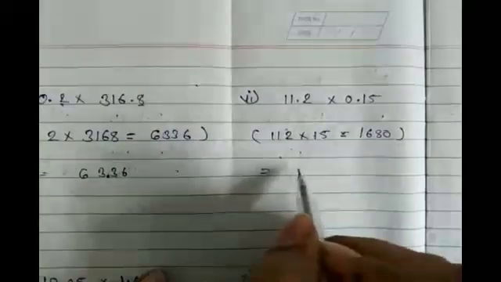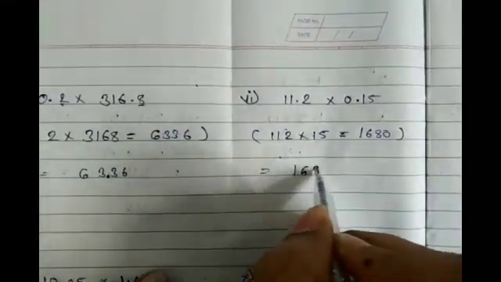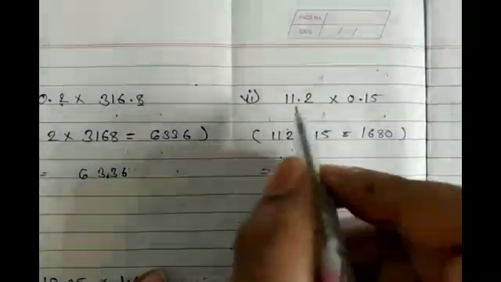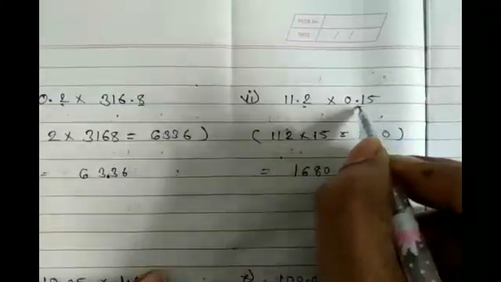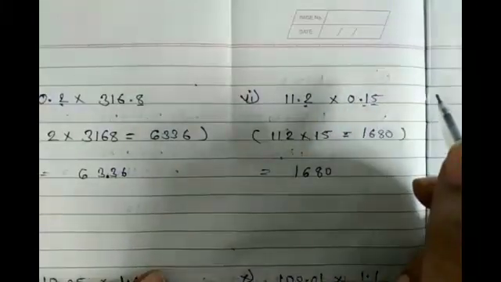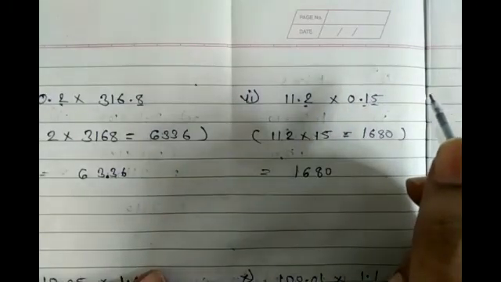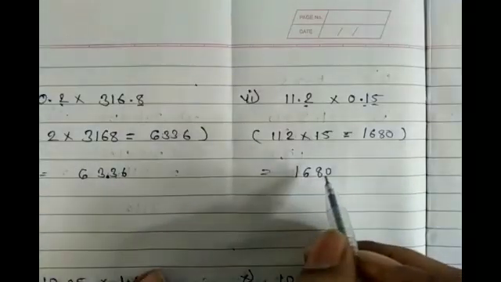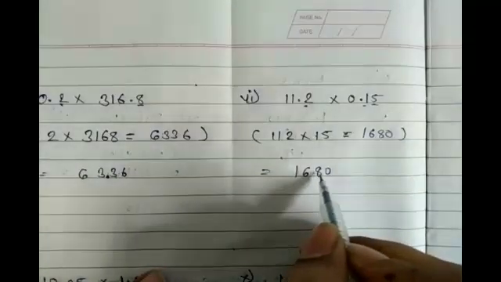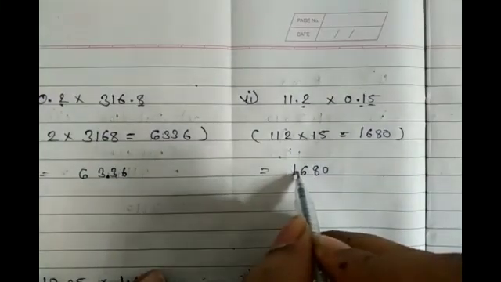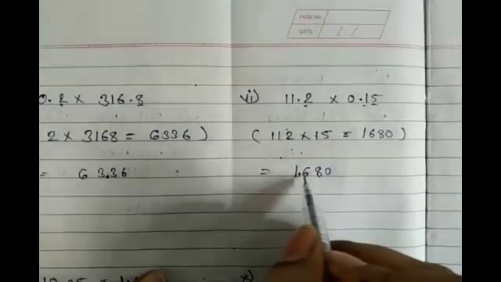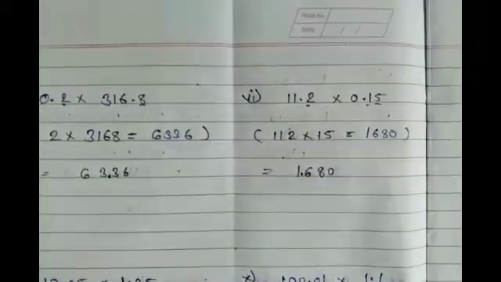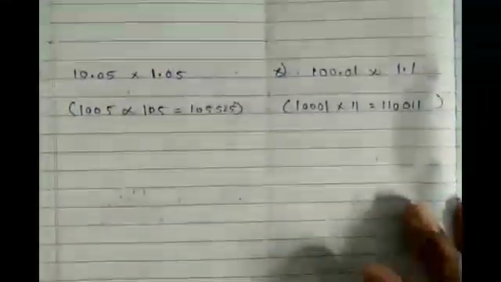So we write here 1680. Now count the digits after the decimal, 1, 2, 3. There are three digits after the decimal. So we require three digits after the decimal in the answer also. So put the decimal 1, 2, 3 before three digits. We get three digits after the decimal in the answer also. Next question.